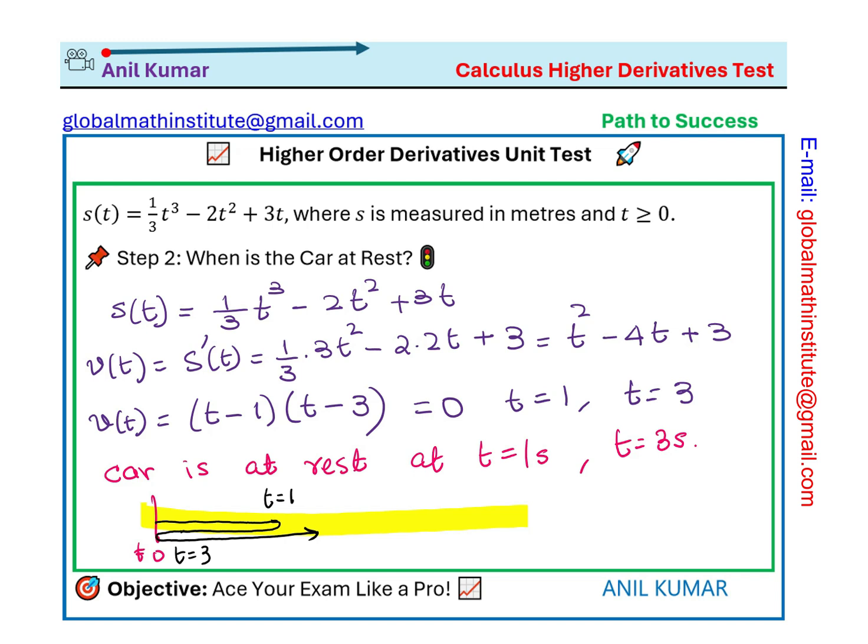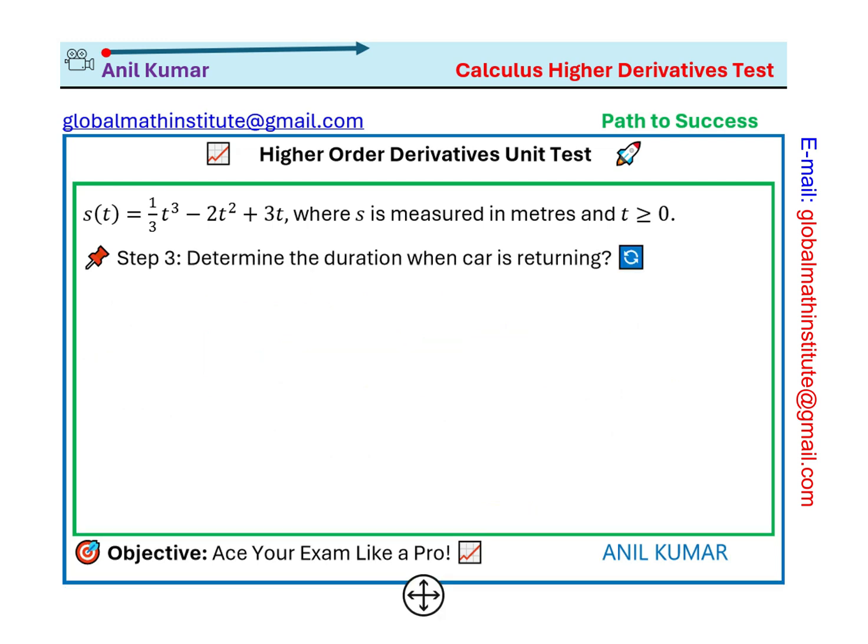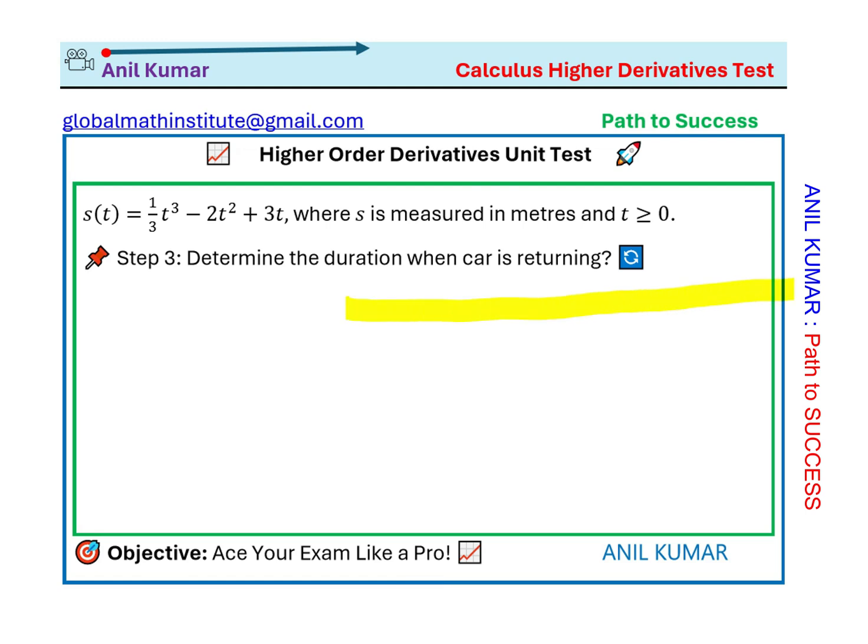So we got the expression for velocity in the factored form as (t minus 1) times (t minus 3). Now it says, determine the duration when car is returning, right? So car is returning means, let me sketch that graph once again along a straight line. We say at t equals 0 and at t equals 3, the car is right there.